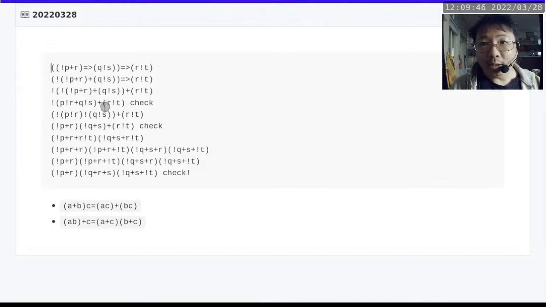And the De Morgan's law is applied right here. So this part is where De Morgan's law was applied, and it became P and not R. And you can see right here I'm using the implicit priority of operators already, so this way I don't have to use a lot of parentheses.